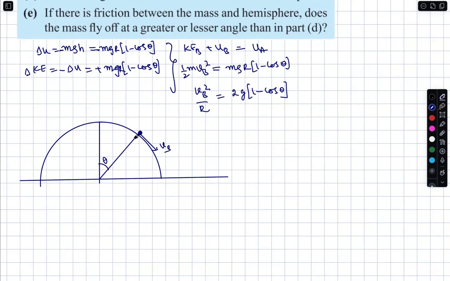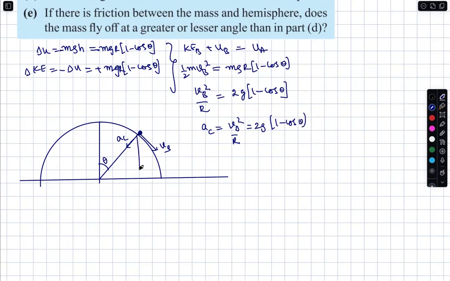And remember why I have written VB square by R: centripetal acceleration is always VB square by R, and that is nothing but 2g times 1 minus cos theta.